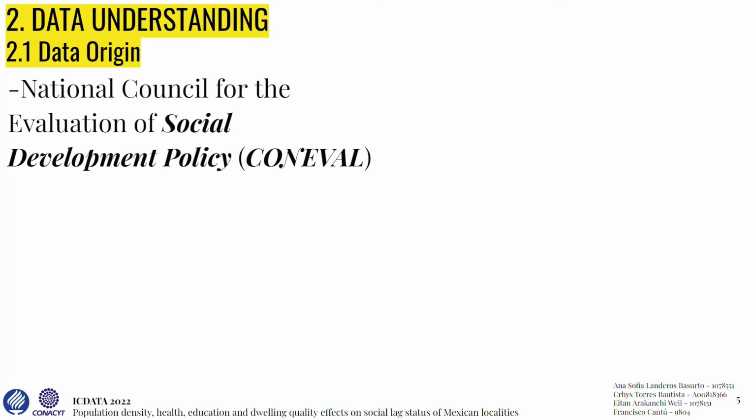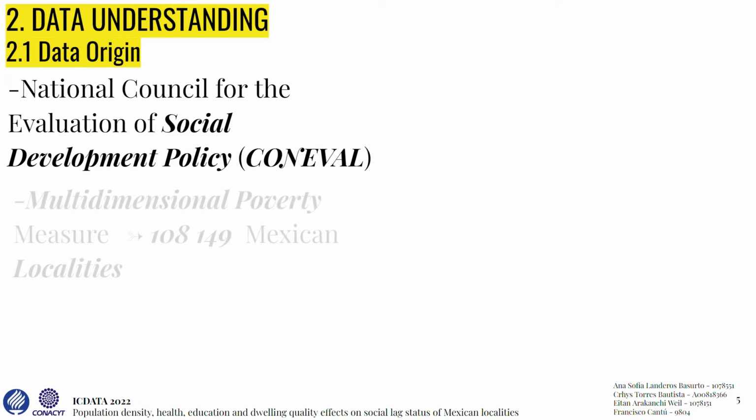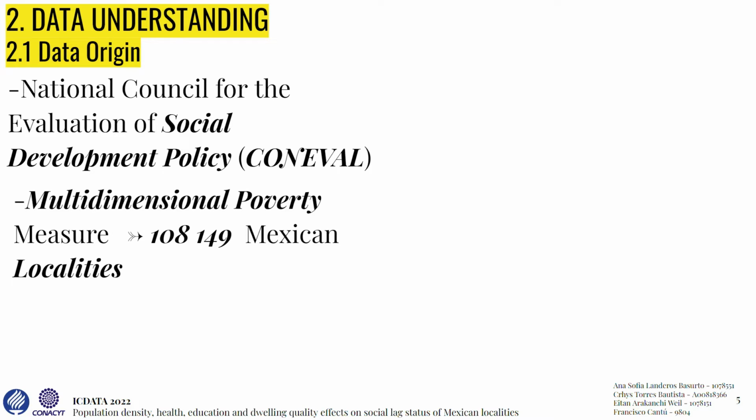Now we will look into the origin of the data. The data that was studied in this project comes from a multidimensional poverty measurement study by Coneval in Mexico, using data from the Intercensus Survey of 2020. The information of population and social lag with their 11 composing factors for the 108,149 Mexican localities is presented in this database.